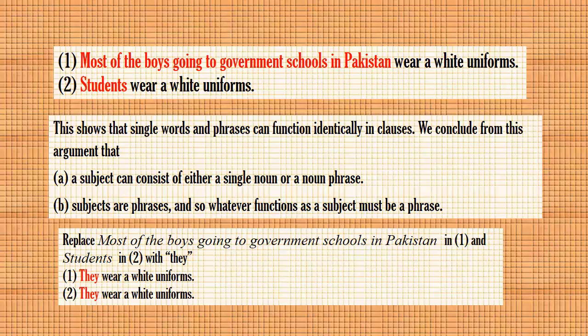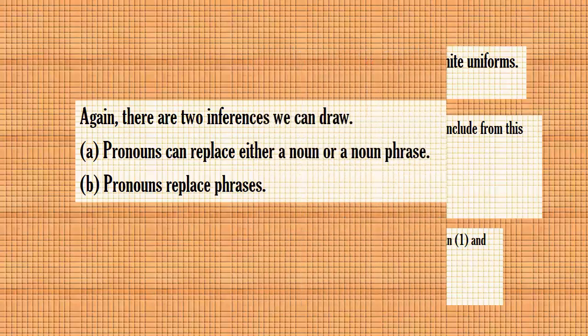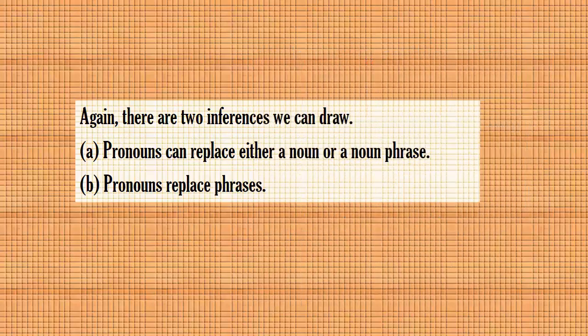They wear white uniforms. So again there are 2 inferences we can draw. Like A, pronouns can replace either a noun or a noun phrase. Pronouns replace phrases. Again, let's revise A.